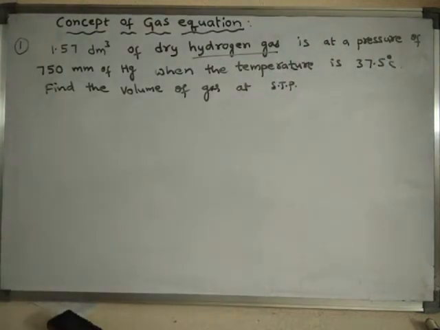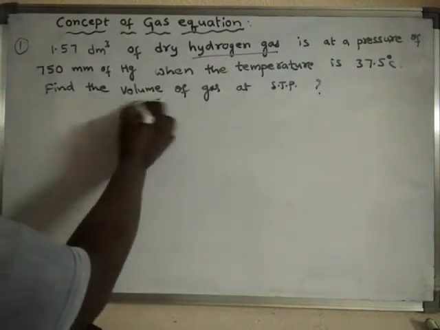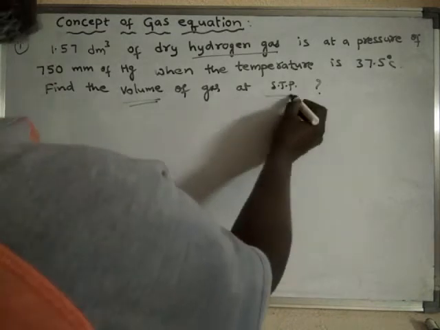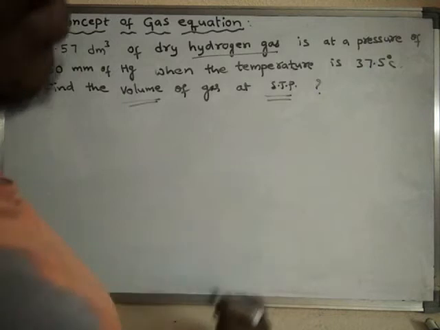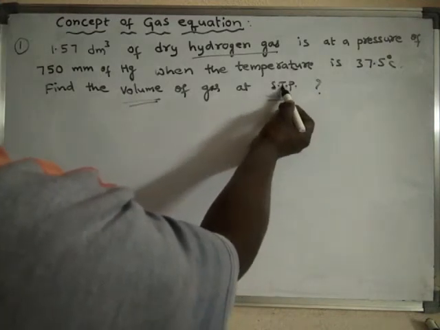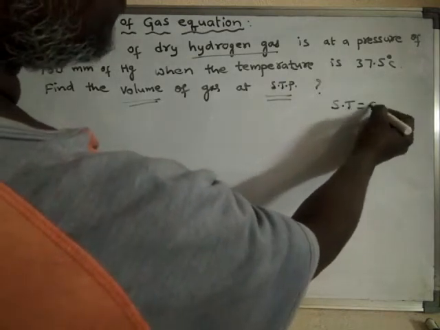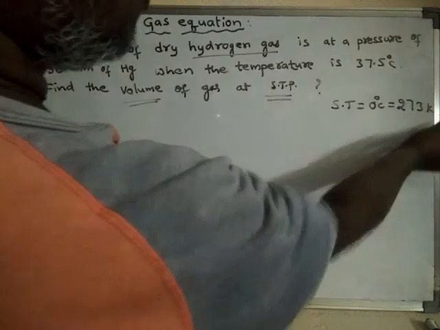So we have to find the new volume of the gas under standard temperature and pressure conditions. STP means standard temperature and pressure. Standard temperature is 0 degrees centigrade, which is also equal to 273 Kelvin.